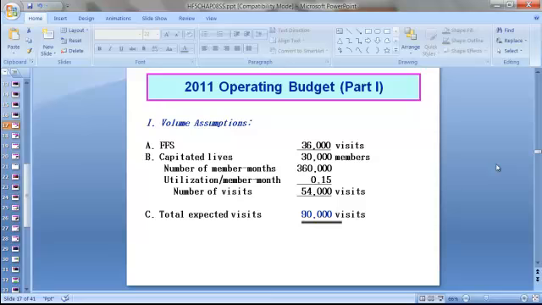And they're using a utilization per member month to calculate how many office visits there will be for those 30,000 capitated lives, giving us a total expected visits of 90,000: the fee for service plus the 54,000 capitated. That's very important because that number of visits is what determines your physical structure. You have to have enough resources to cover those visits: enough providers, enough space, all along that line.